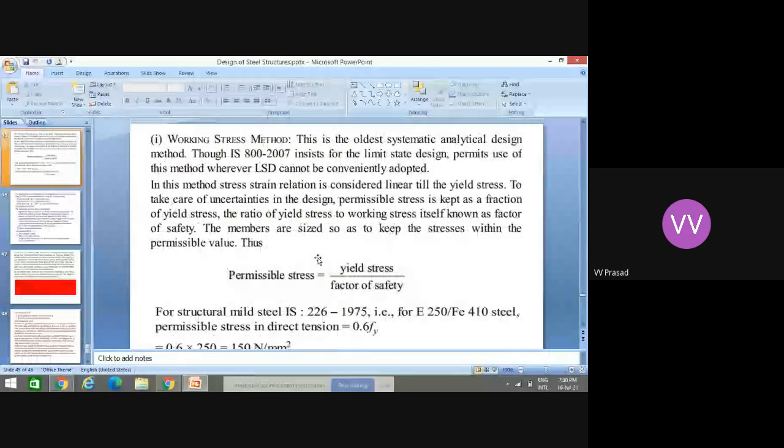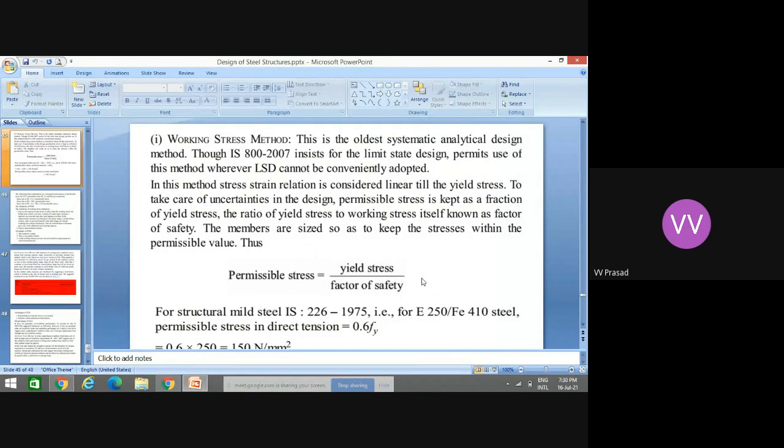Next, working stress method. The permissible stress is calculated from yield stress divided by factor of safety. The formula is the same for both the methods, working stress as well as limit state method. In the limit state method, load factors are applicable.